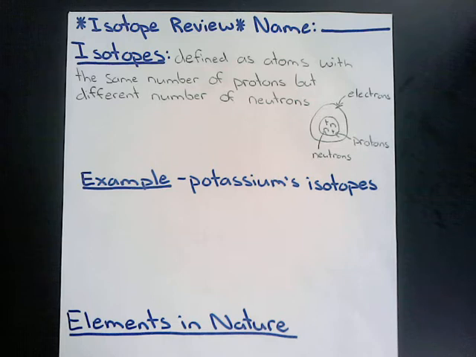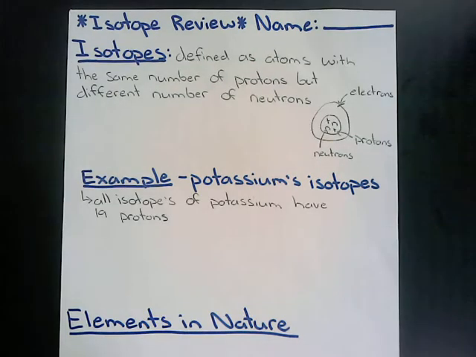An example that we have of an isotope is the potassium isotope. Potassium is element number 19, and that means it has 19 protons. One thing to note is this: every single potassium isotope has 19 protons. What is different in each and every isotope of potassium is the number of neutrons.